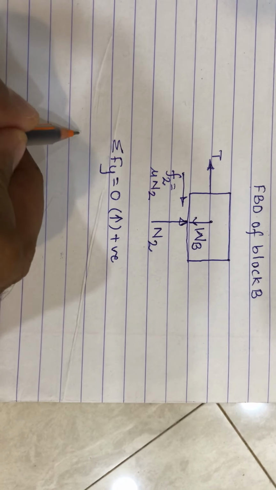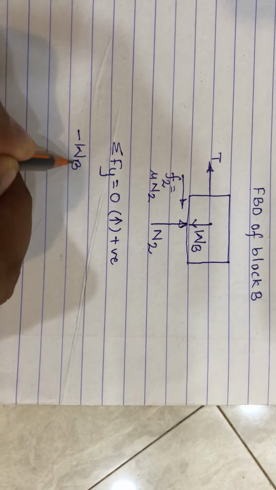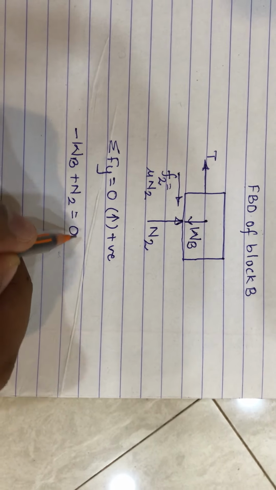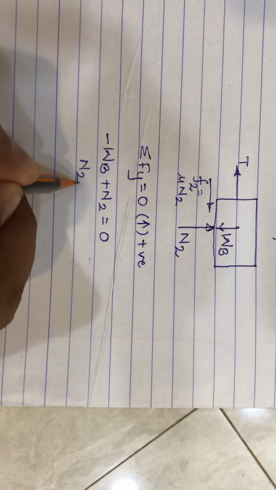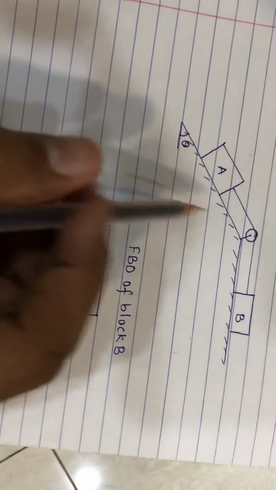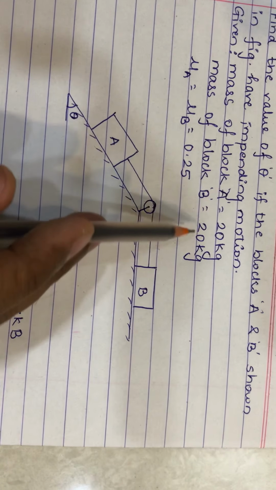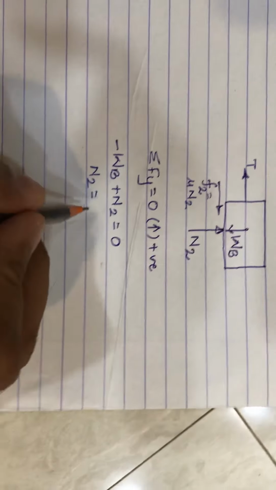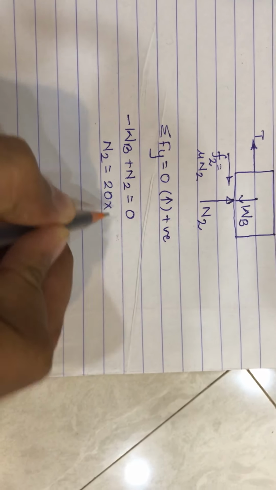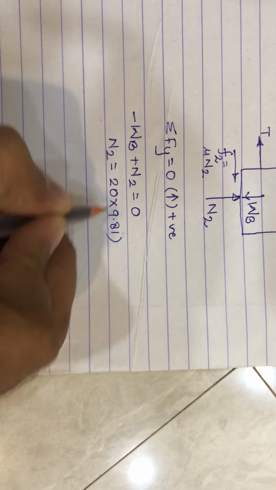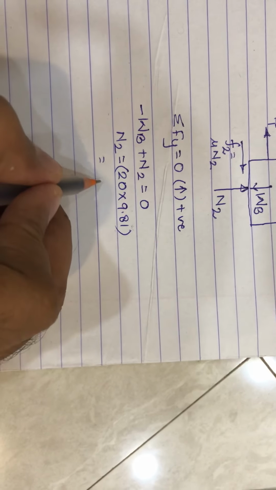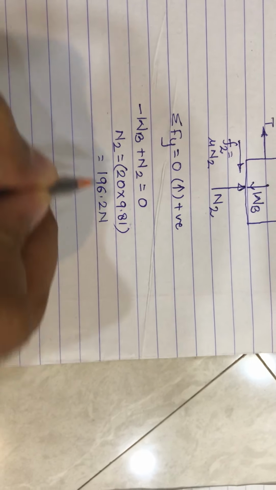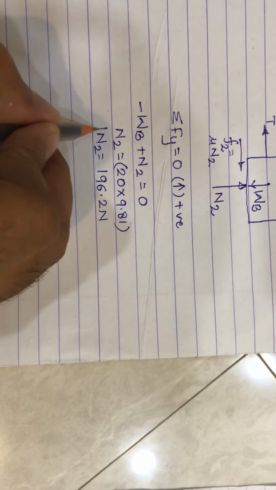Now minus WB plus N2 equals 0. N2 equals WB. As the mass of block B is 20 kg, WB will be 20 into 9.81, which gives 196.2 Newton.